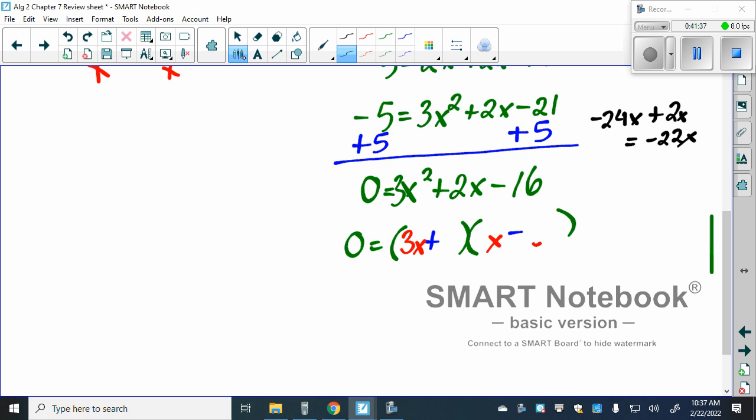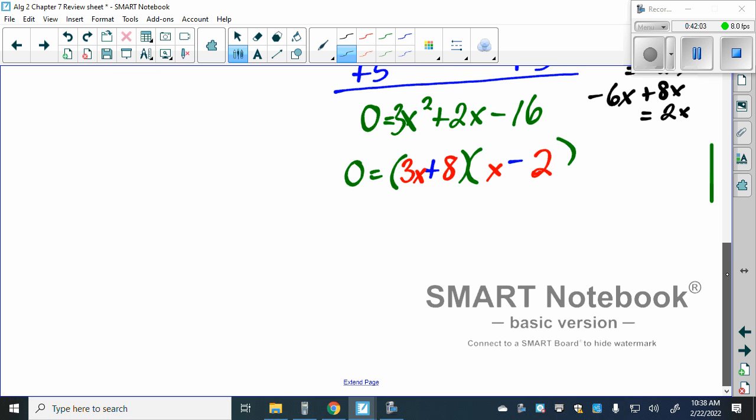Because even if I flip the signs, all that would have done is taken it from negative 22x to positive 22x. 3x times negative 2 is negative 6x. X times 8 is plus 8x, which gives us a positive 2x. So this here works.